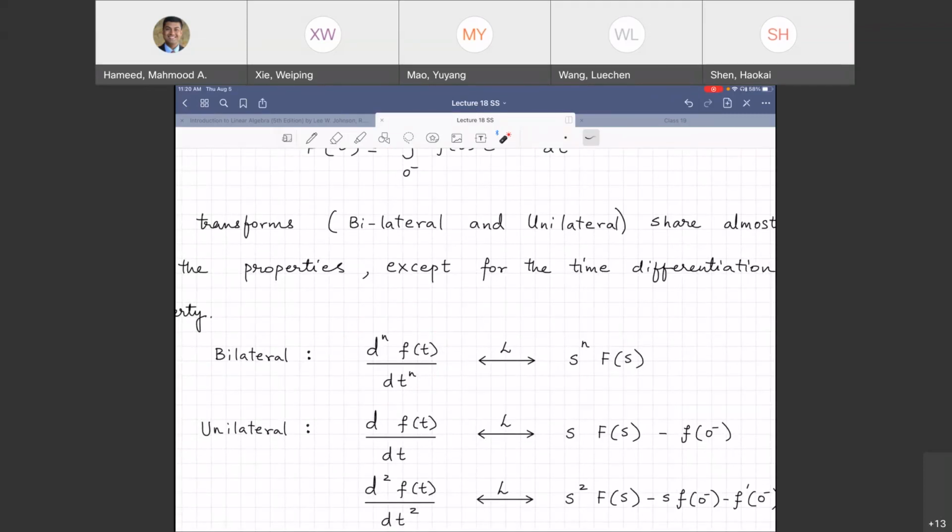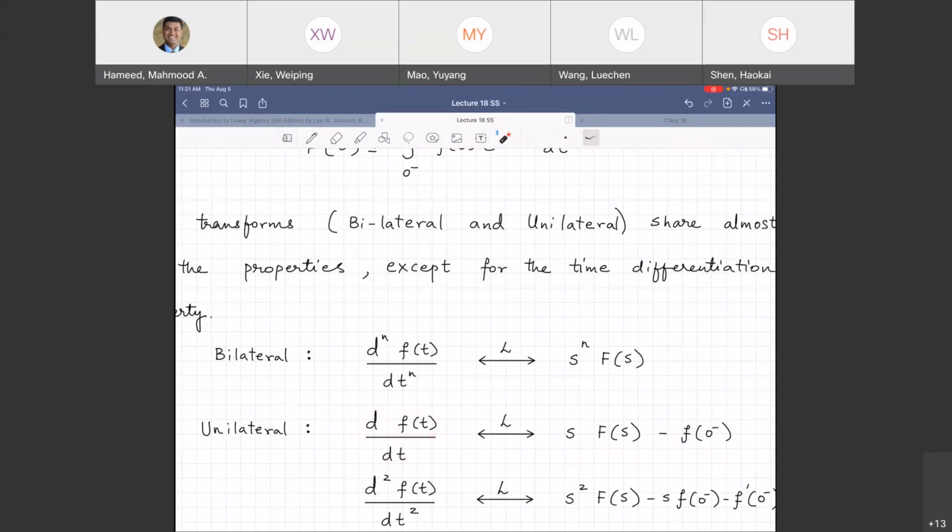However, for a unilateral Laplace transform, if you differentiate the signal one time in the time domain, that will give you sF(s), but you also have to remove the value of the function that was just there at 0 minus, just before it started. This is evaluating the time domain function at time 0 minus.